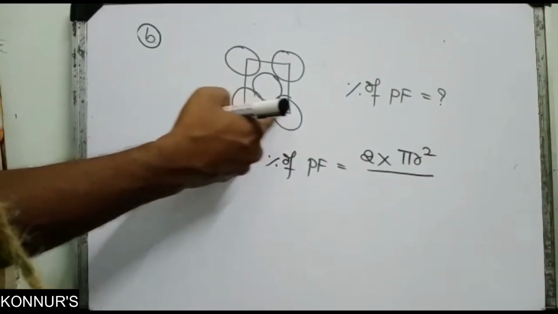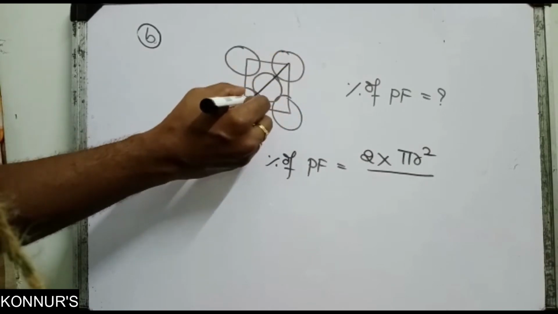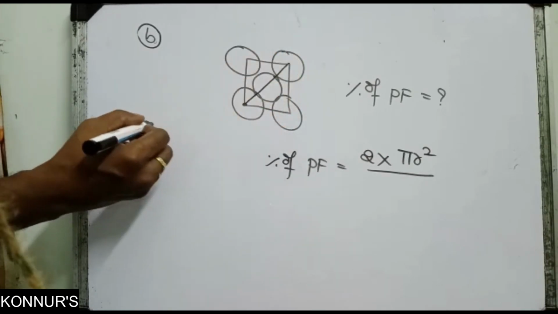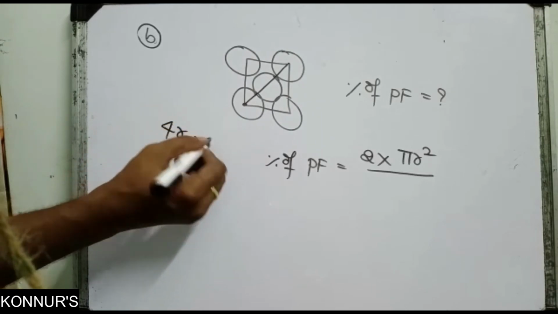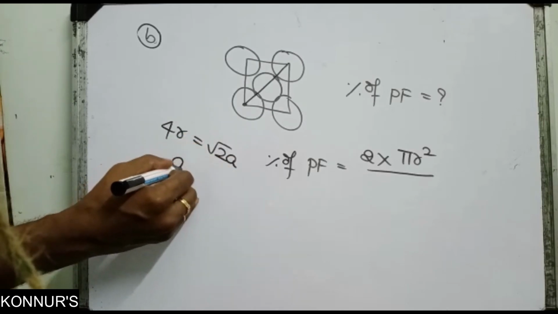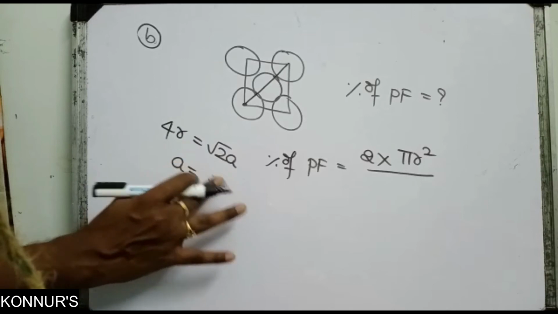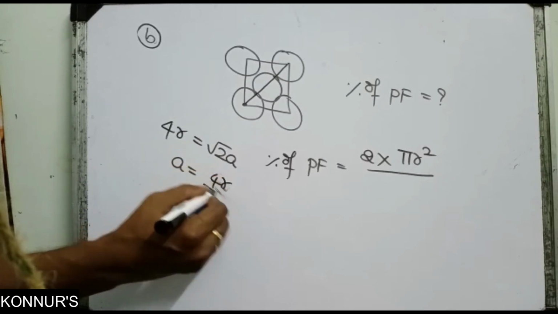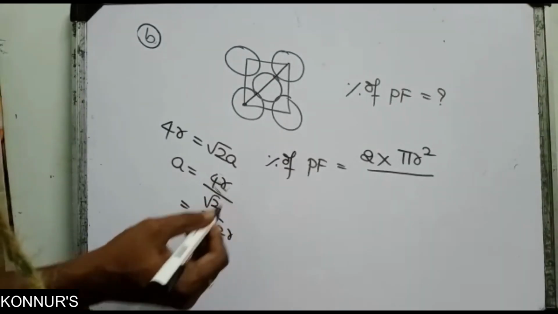Next, the edge length. Here the diagonal is 4r, so 4r equals root 2 a. So the edge length a equals 4r by root 2, which you can write as 2 root 2 r.